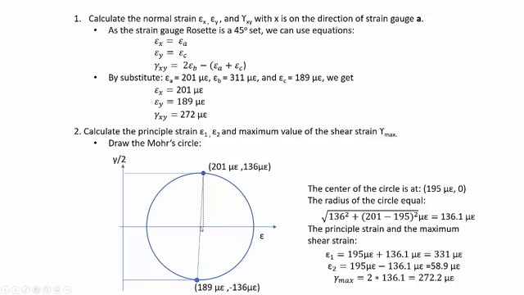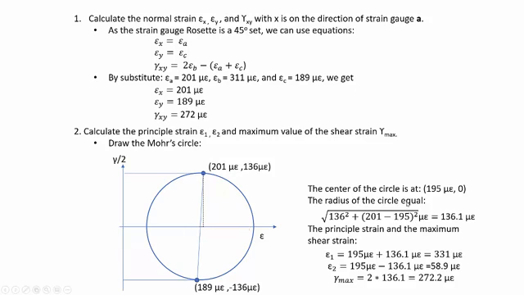So we can determine the center of the Mohr circle, and also calculate the radius of the Mohr circle. The center of the Mohr circle is just the average of 201 and 189, which gives us 195. The center is on the horizontal axis, so we have a shear strain of 0.